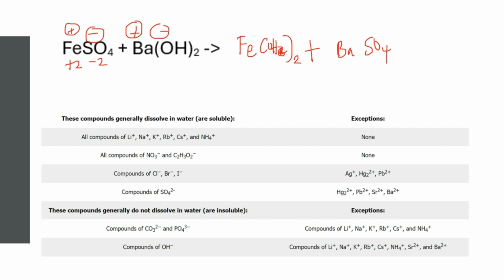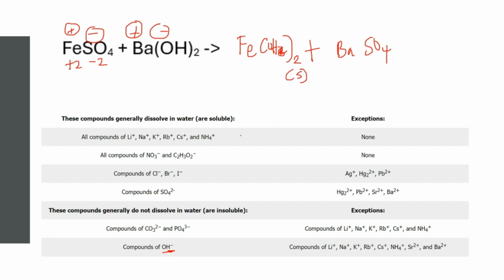Iron hydroxide is a hydroxide, so the anion that we're dealing with is OH. So compounds of OH are usually insoluble, with the exception of your alkali ions, your ammonium ions, and maybe a couple few others. But because iron hydroxide falls into the general category for insoluble hydroxide, we're going to say it forms a solid.